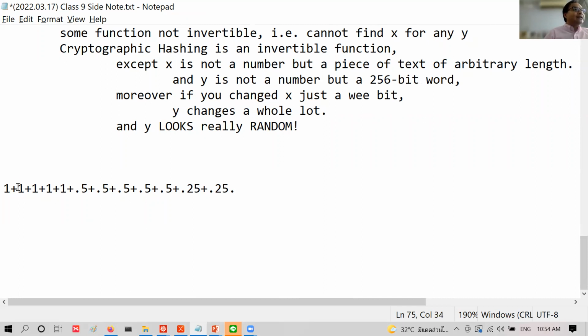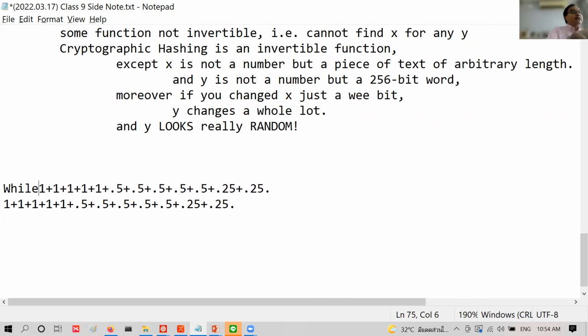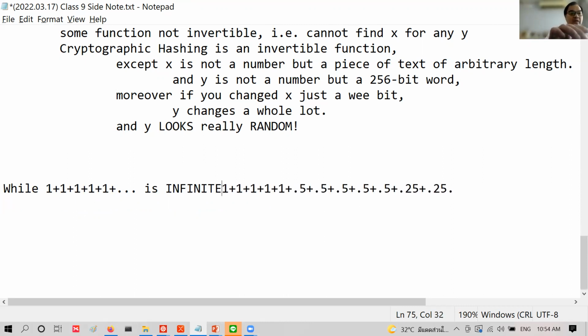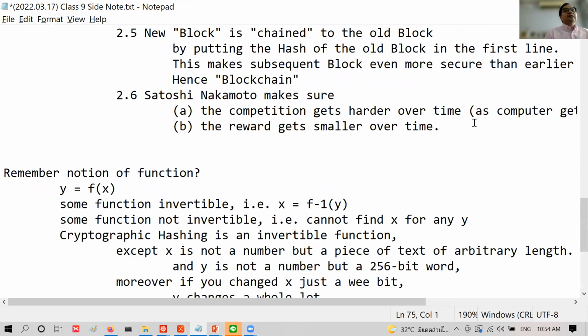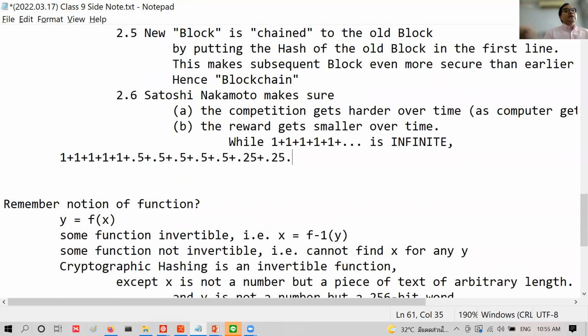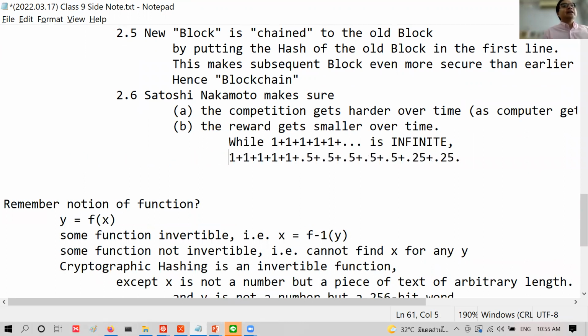So while this is infinite, this is finite.